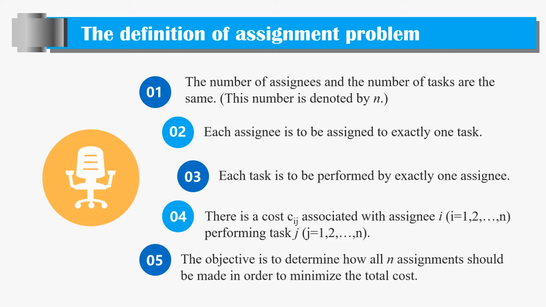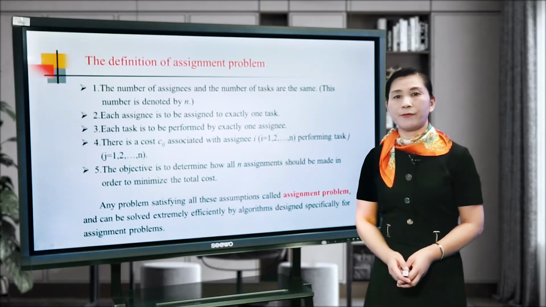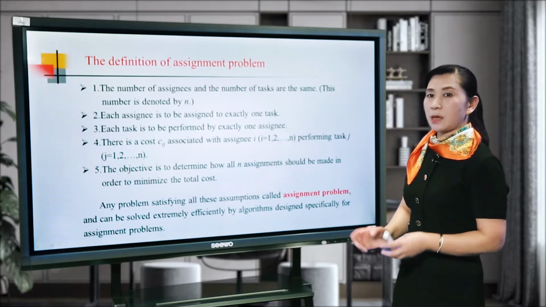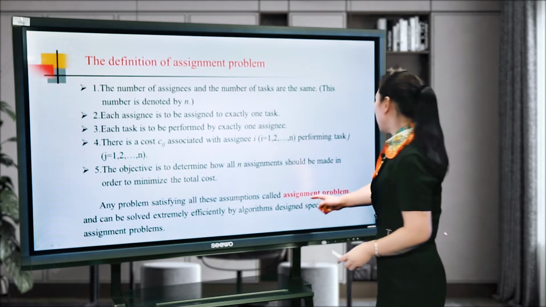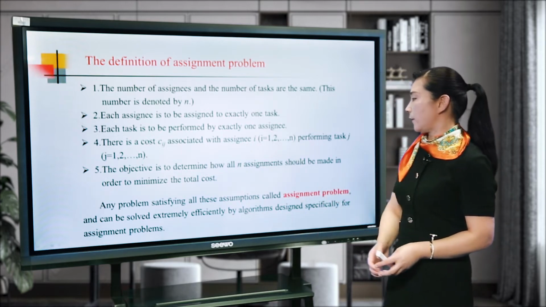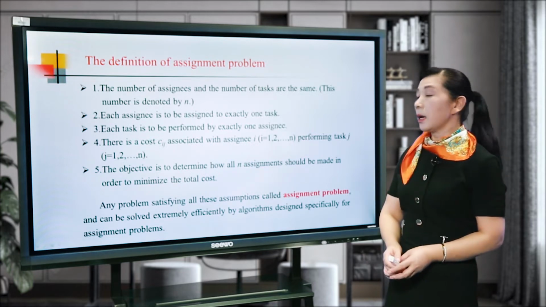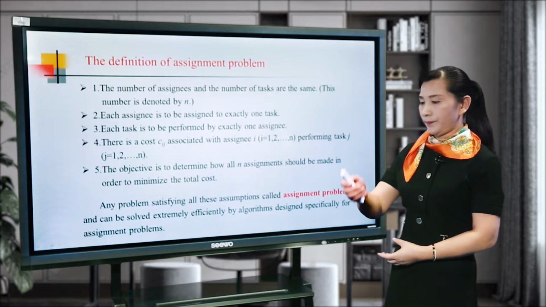Number 5, the objective is to determine how an assignment should be made in order to minimize the total cost. Any problem satisfying all these assumptions is called an assignment problem and can be solved extremely efficiently by algorithms designed specifically for assignment problems.